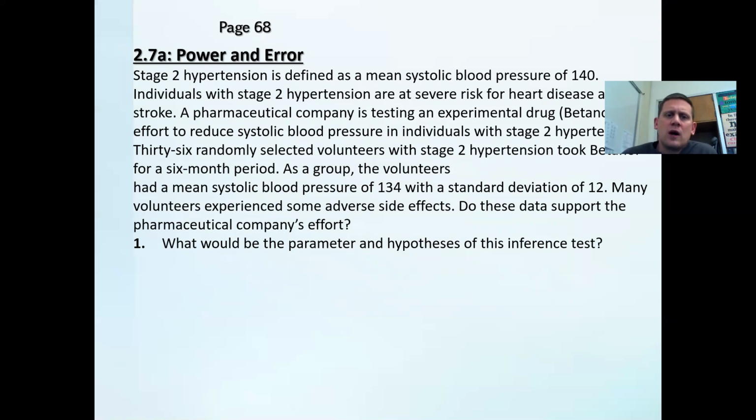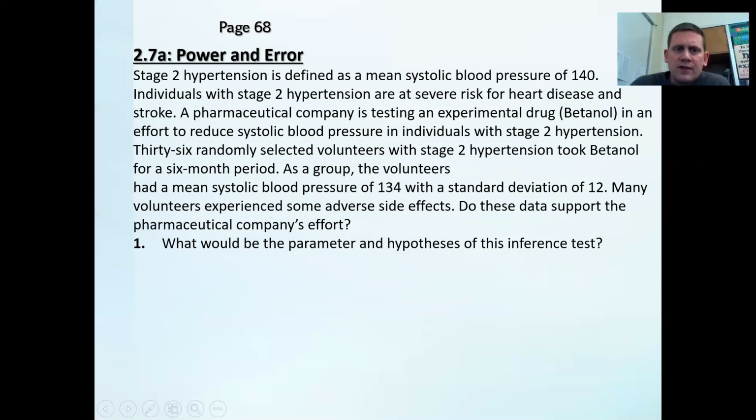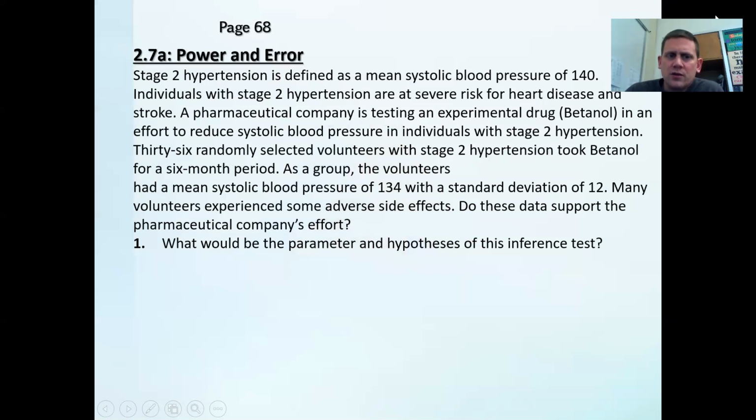Stage 2 hypertension is defined as a mean systolic blood pressure of 140. Individuals with stage 2 hypertension are at a severe risk for heart disease and stroke. A pharmaceutical company is testing an experimental drug, Bethanol, in an effort to reduce systolic blood pressure in individuals with stage 2 hypertension. 36 randomly selected volunteers with stage 2 hypertension took Bethanol for a 6-month period.